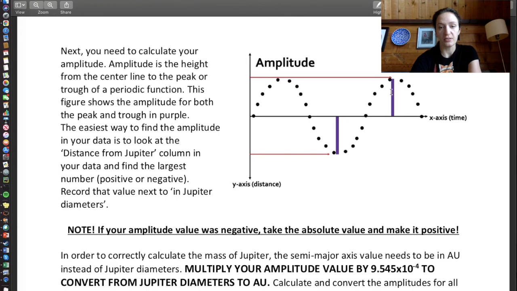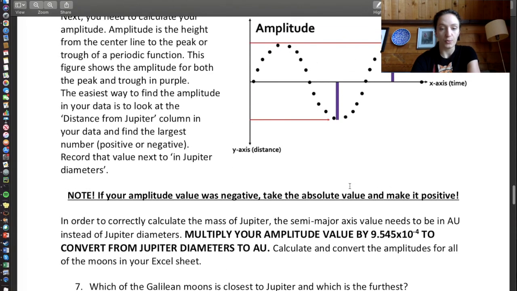So from here to here, or from here to here. Now, remember, the amplitude must be positive. So like it says here, if your amplitude value is negative because you were looking at a trough, then you have to take the absolute value to make it positive.